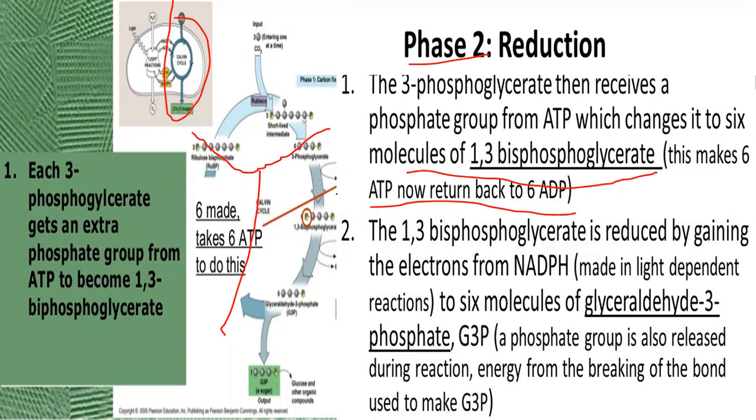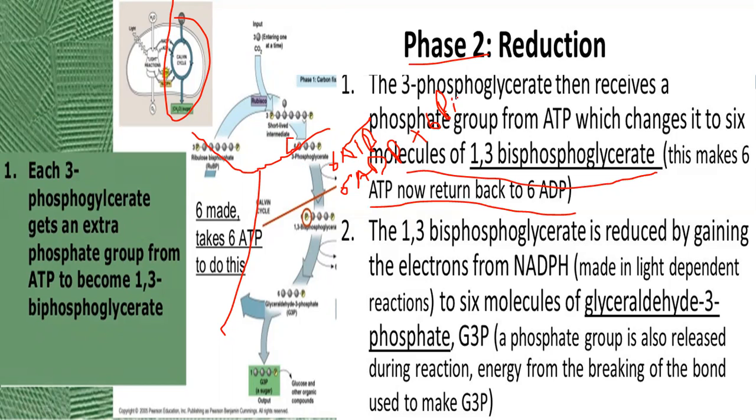There is reduction. So here ATP is utilized. This energy which comes from the light reaction is now utilized here. Because these molecules are 6, 6 ATPs are utilized to make 6 ADP plus, what is that? Yes, 6 inorganic phosphates.